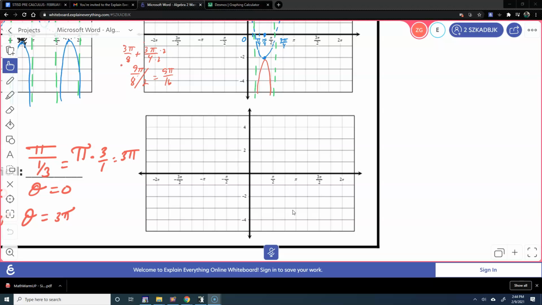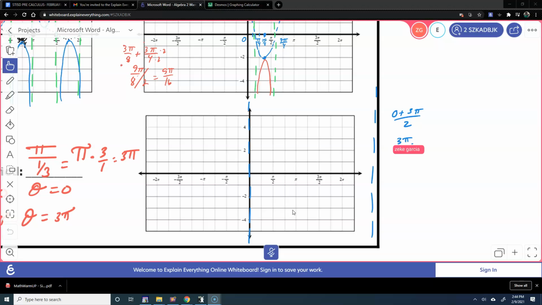So our asymptote starts at 0 and ends at 3 pi, so it's somewhere over here. And since this is cotangent, in between 0 and 3 pi, we've got to find the middle. So 0 plus 3 pi divided by 2.